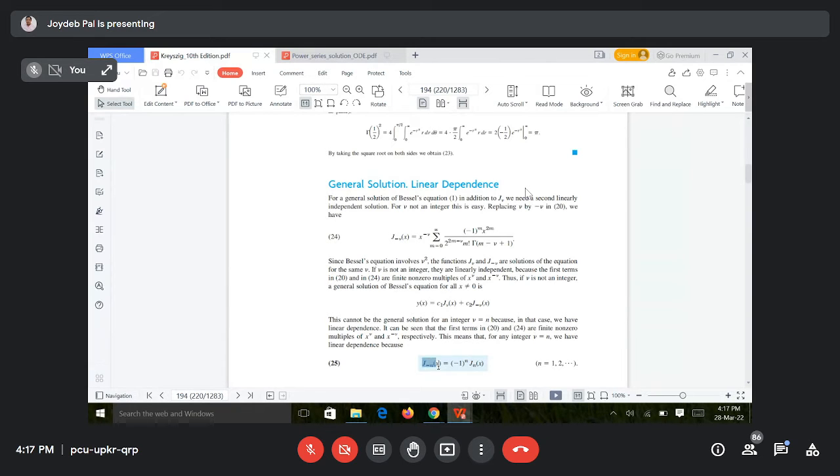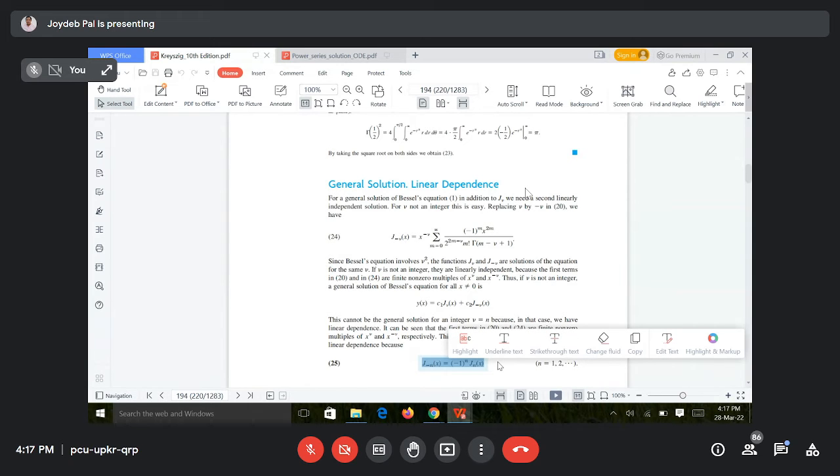Means that is the relation among J of minus n and J of n. So this relation holds whenever n is any integer, rather positive integer. Do you get it? What is the claim?